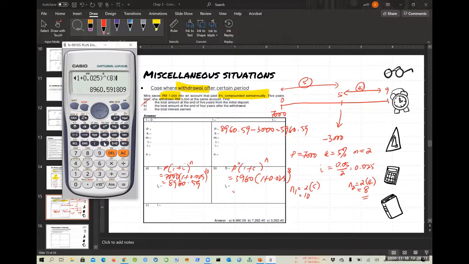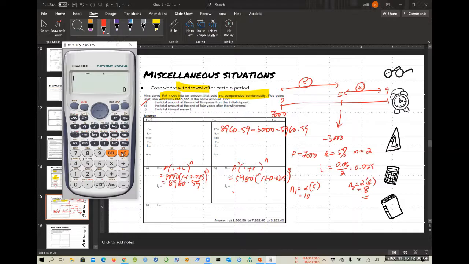So power of 8. Okay, so once you calculate this one, you equal. So you get the answer to be, oops, sorry, it's not 8,000. So sorry about that. So it's supposed to be 5960. Okay, let me just continue.